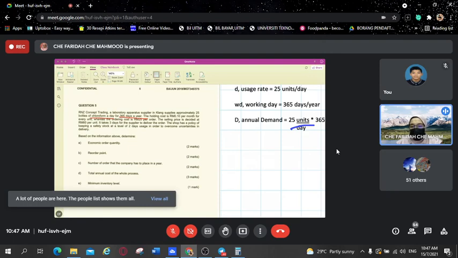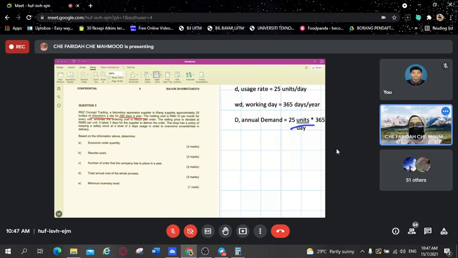I'm using RM. Later I will ask you all to type RM20 per unit per year. You got it? Can you understand? Can you see, my dear?